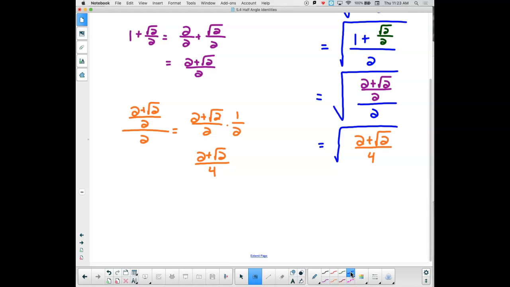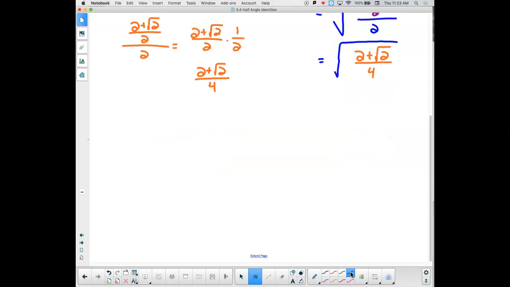Simplify the fraction. Square root top and bottom.